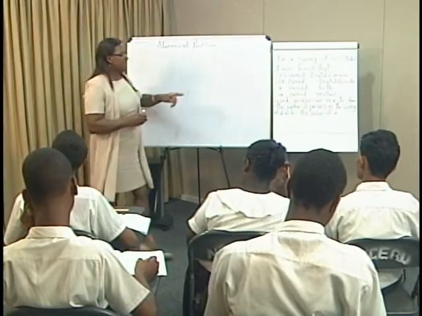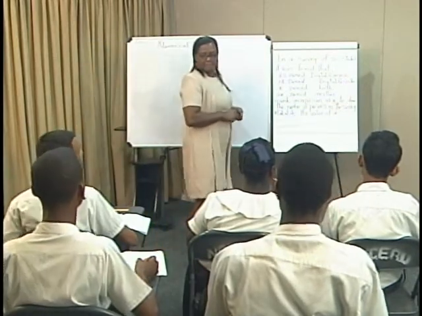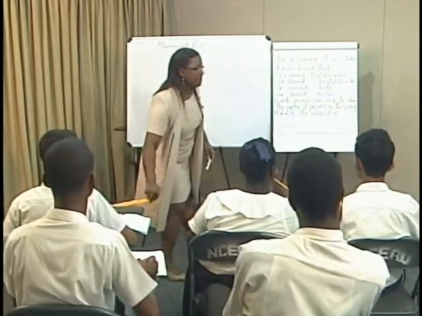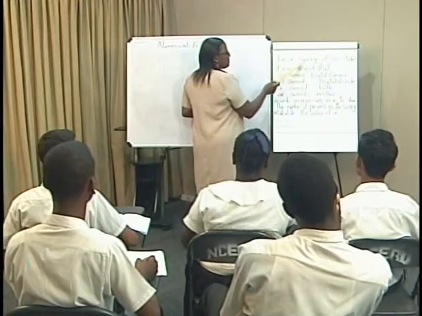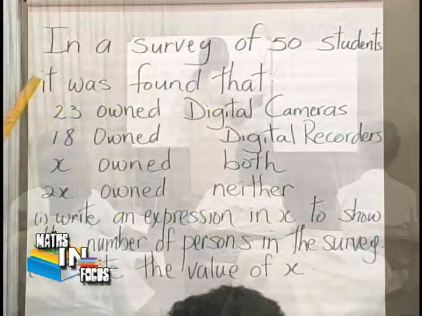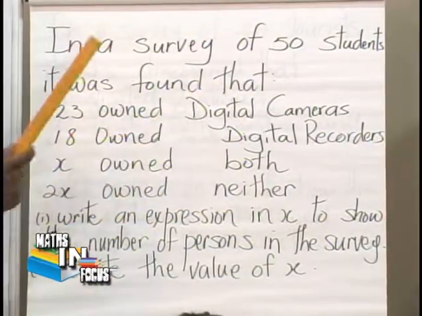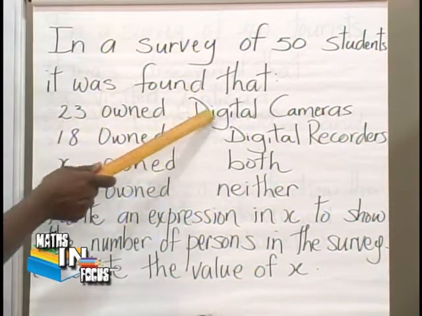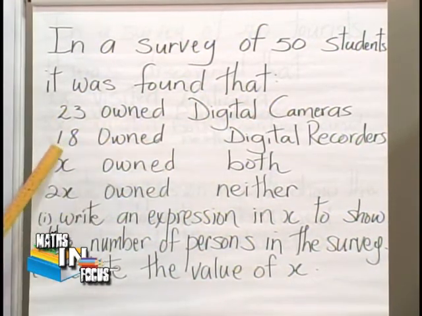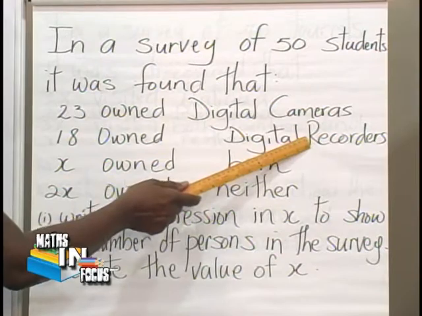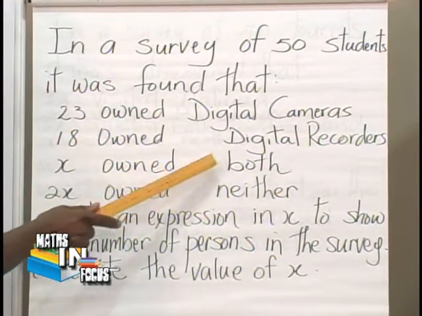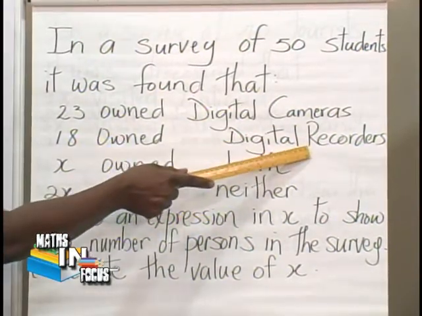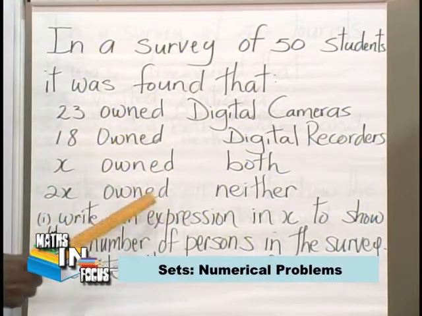Good. Now let's look at this example across here. In a survey of 50 students, it was found that 23 own digital cameras, 18 own digital recorders, X owned both cameras and recorders, 2X owned neither.